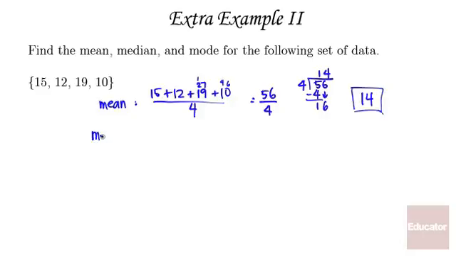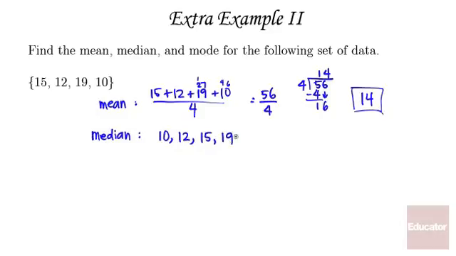My median, that's your middle number. So write our numbers in order from least to greatest. That's 12. Then, forgot the 10. Okay, so 10, 12, 15, 19.